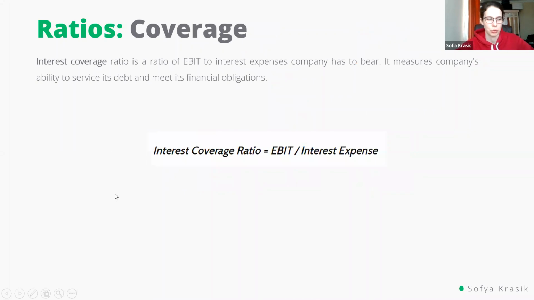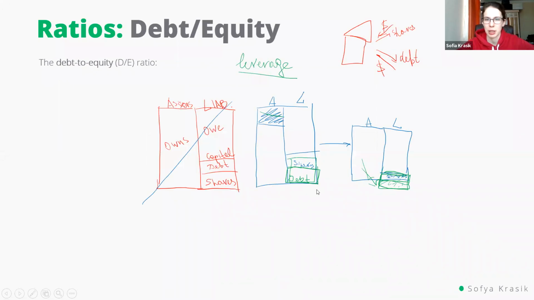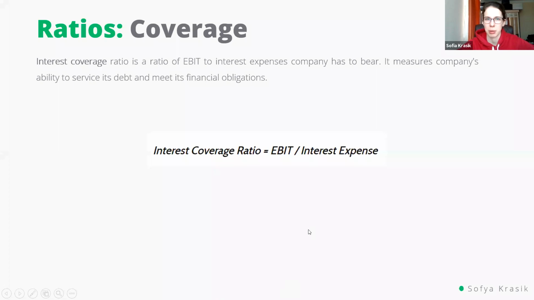Another ratio is called coverage, or interest rate coverage. As I said, most companies have some debt instruments or bank loans. So an important thing for investors could be how the company can cover its obligations to pay interest payments.